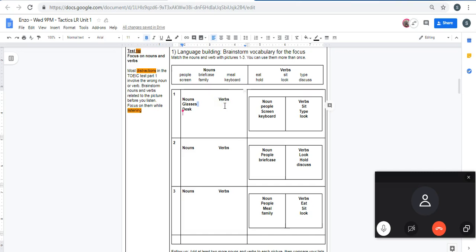You could just move to verbs already, if you can think of any other nouns.